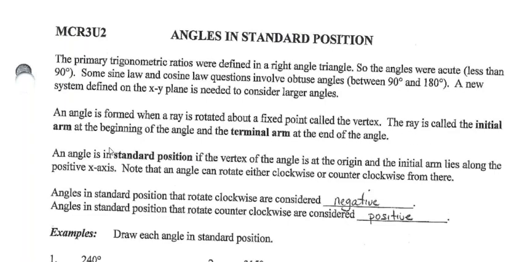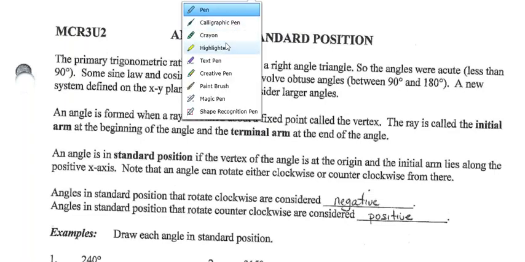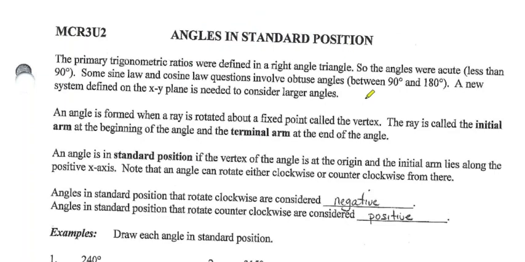Alright, so an angle is formed when a ray is rotated about a fixed point called the vertex. Now I'm going to draw over top of the writing here, but I'm going to do it with highlighter. So the first ray that is formed here is called the initial arm.